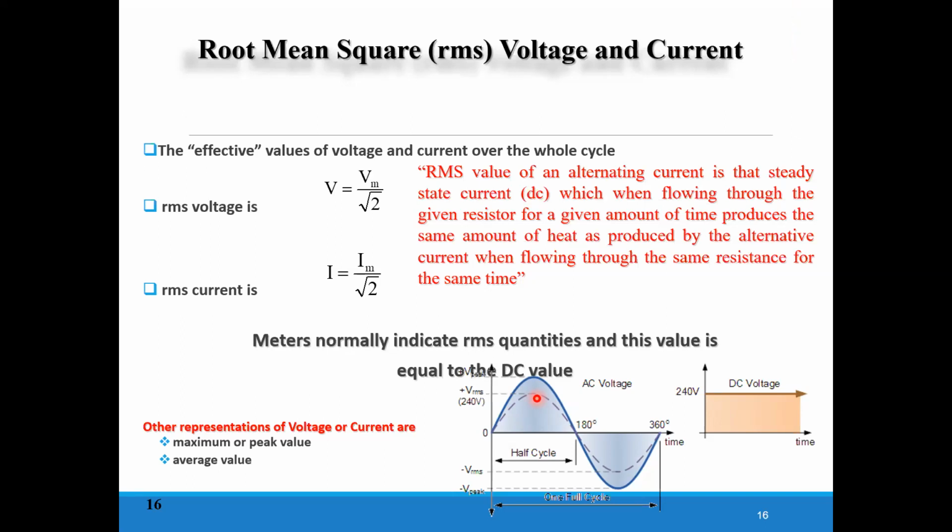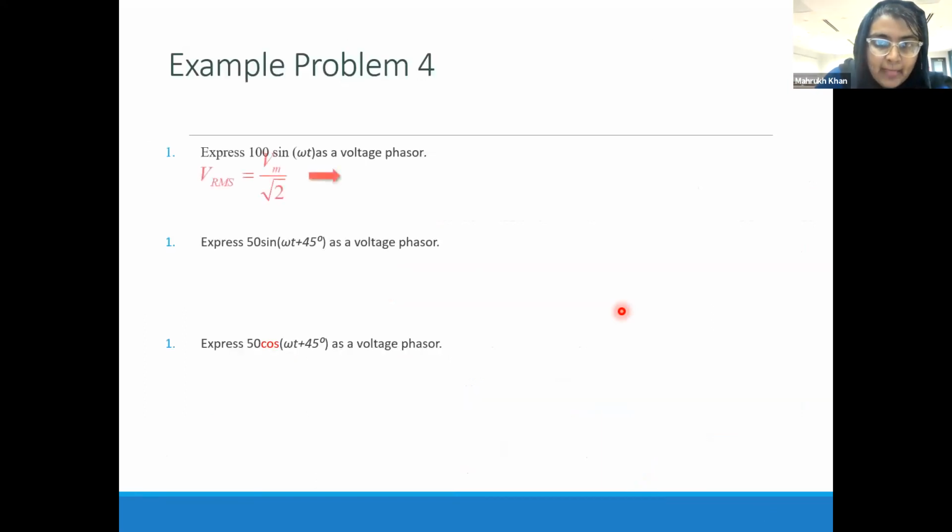Okay. Sounds good. We said that we know what sine omega t is, but we don't know about plus 30 and stuff like that. We will learn about that, okay?